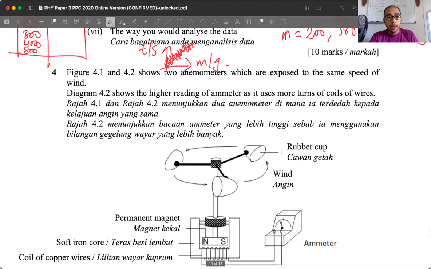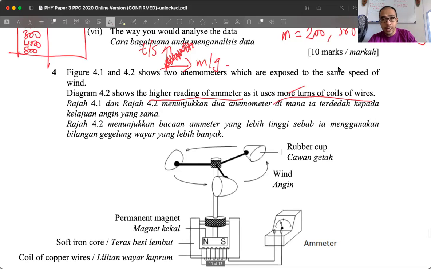Okay, this one, if you answered from the SPP book, you would have gotten this. Almost everything is identical to the answer in the SPP book. Shows higher reading of ammeter when you use more turns of coil. So higher reading of ammeter, more turns of coil.